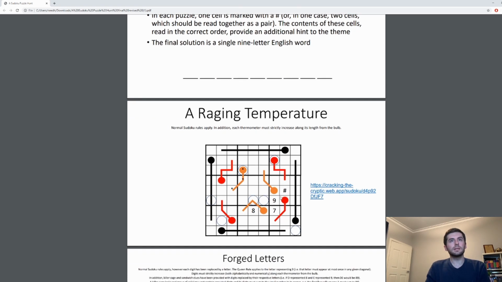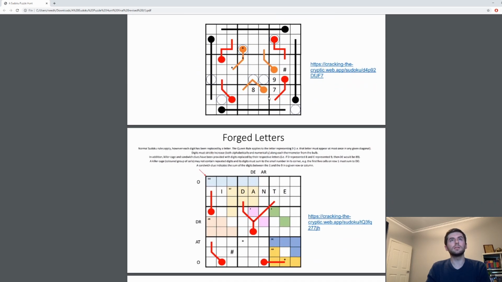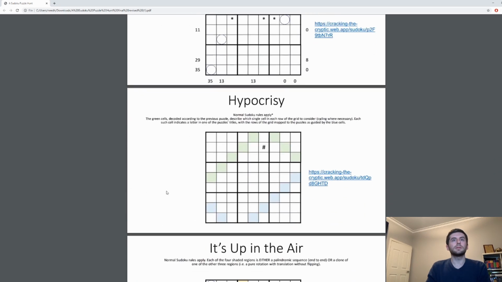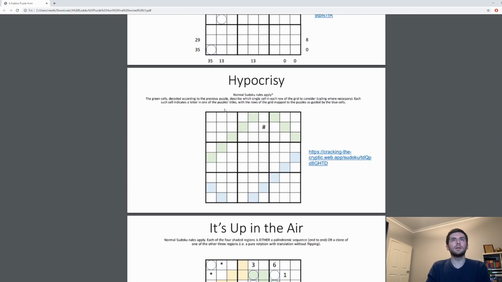This implies that there's likely only one correct starting path to these puzzles, and only one of these puzzles will in fact be solvable, with the remainder requiring these circled clues to help provide an answer. And in fact, we can see Hypocrisy here is what appears to be a normal Sudoku with no given digits. And as such, we can see that this is impossible to solve.